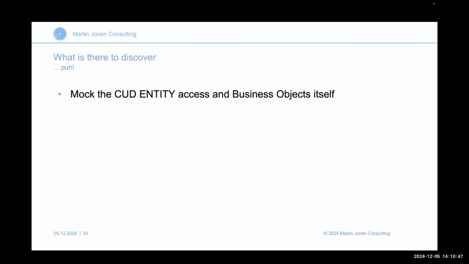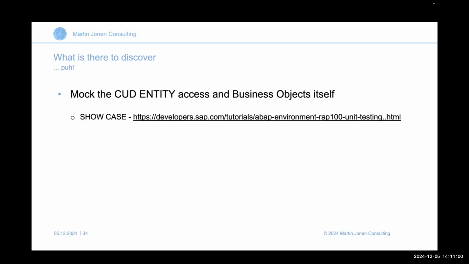You can use this approach for CUD entity access. We concentrated on the read operation, but there are also CUD operations. There's a showcase from SAP, which is valuable. You can search for unit tests in the systems, as SAP is doing unit tests.